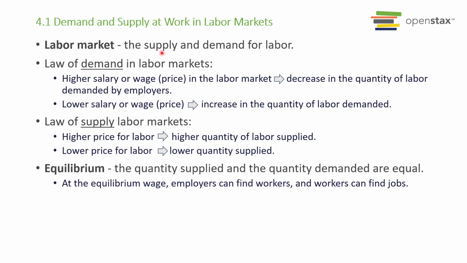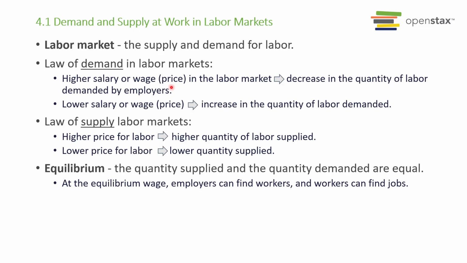Again, who supplies labor? It's workers. And who demands labor? It's businesses and firms that have a need to hire somebody to help them out, right? The law of demand and the law of supply, these are hopefully intuitive to you. If somebody wants to get a higher salary or a wage to work for you, you're not going to be as happy about that because it costs more money.